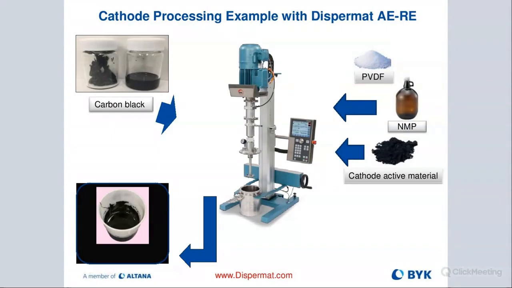So here is just an example of a cathode processing scenario where we have carbon black and we add some other raw materials. We use the Dispermat VL with the vacuum capability, and then basically are able to really disperse that material.